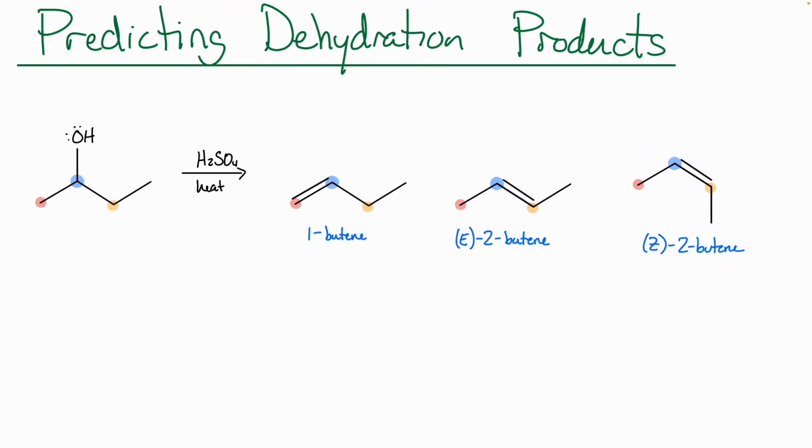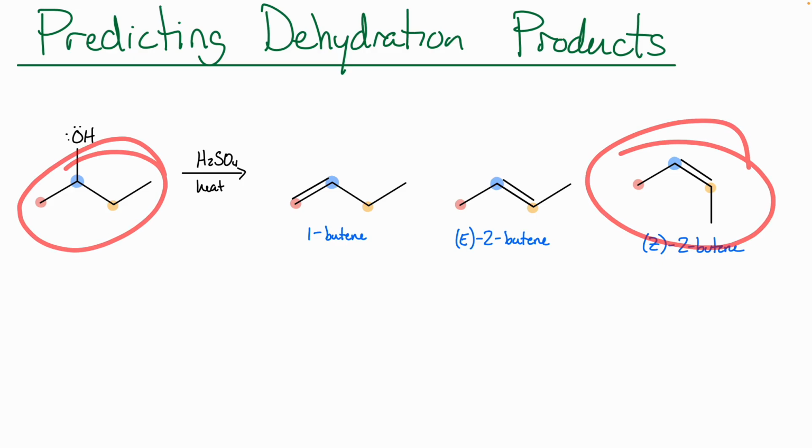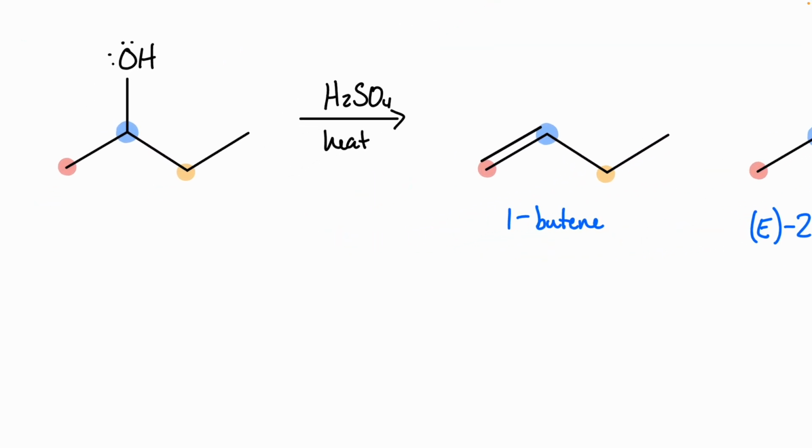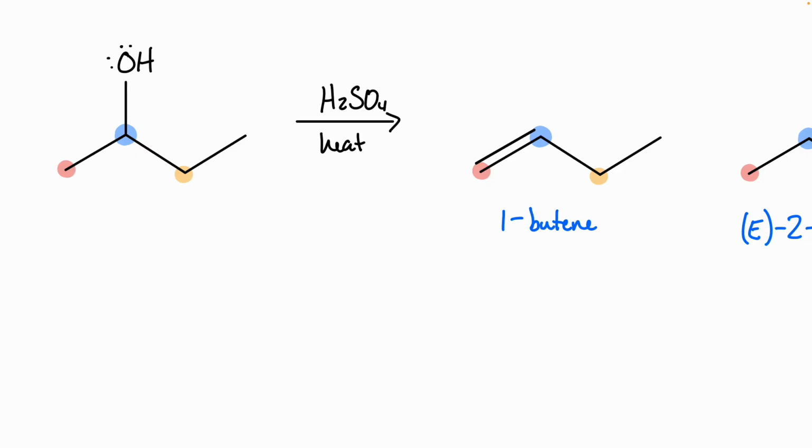Okay, so everybody's looking over here at our alcohol on the left and our Z 2-butene and be like, what the heck's going on, right? This does not look like this structure at all, okay? Well, let's remember, this molecule isn't frozen in this rotational state. It's constantly rotating about all of its single bonds. So I could draw this exact same molecule in a different rotational state, where now that carbon's pointed down.